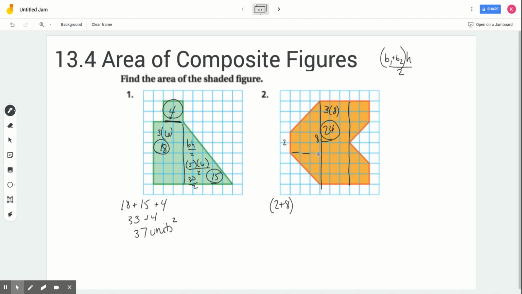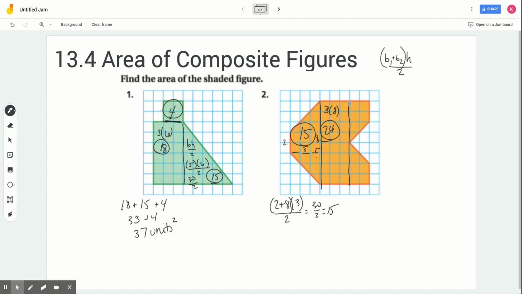Now the height meets the base at a right angle. So the height of this trapezoid is 3. So 2 plus 8 times 3 divided by 2. 10 times 3 is 30, and 30 divided by 2 is 15. So the area of the large trapezoid is 15.